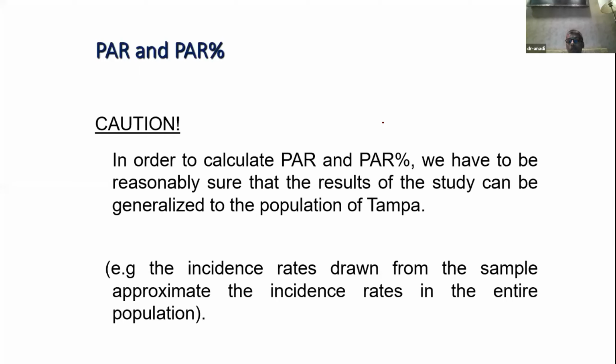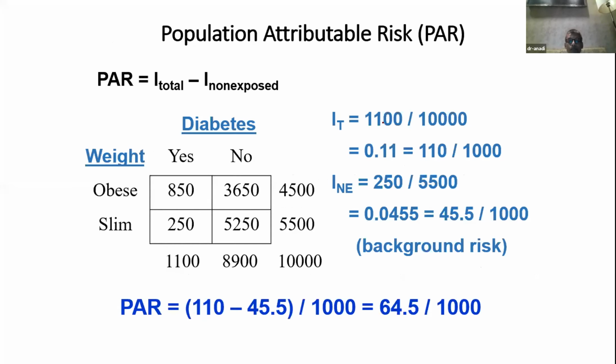So you have to choose your cohort very carefully, so that incidence rates drawn from the sample approximate the incidence rate in the entire population. If you have a selection bias, your total study will fail.